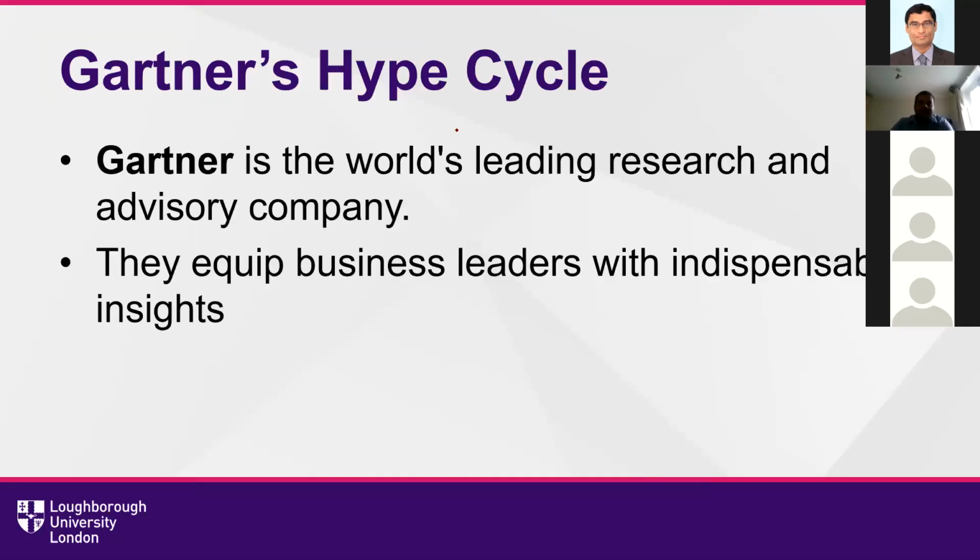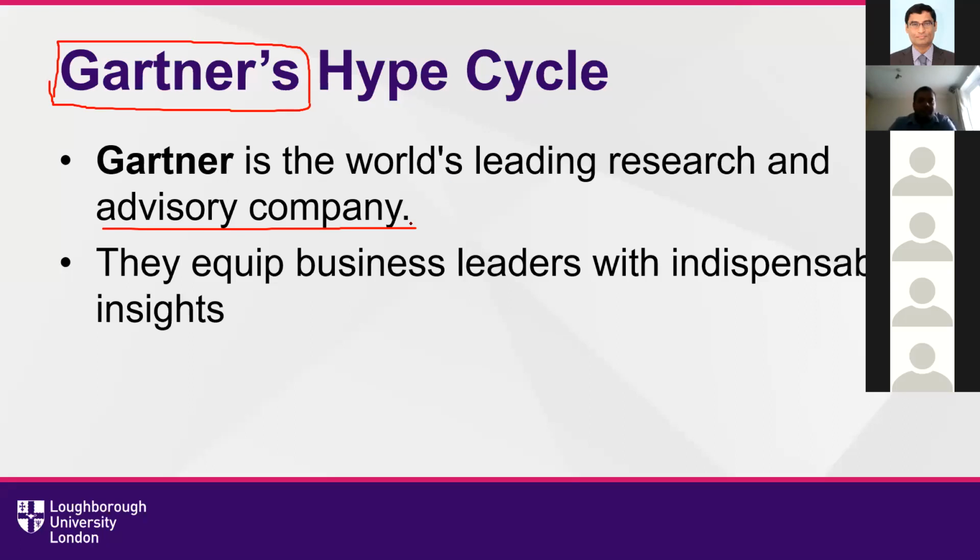And as a researcher working on technology, I only recently learned about Gartner's hype cycle. One of my professors introduced me to it. I think we should check Gartner's hype cycle every year. Gartner is a world-leading research and advisory company, based in many countries.